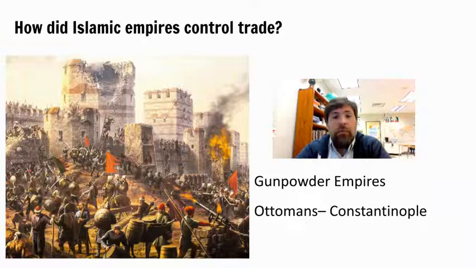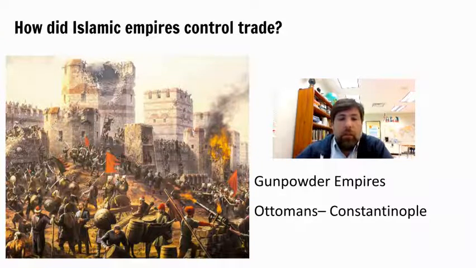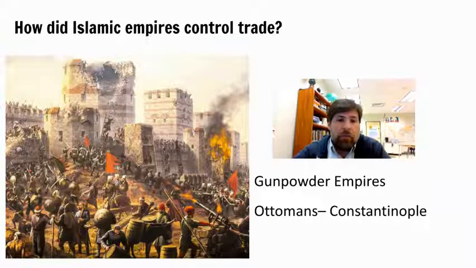Usually they would use their cannons and their rifles, and they also had swords too, to take over places that were really important for trade. So the Ottomans took over the city of Constantinople because Constantinople is a center for trade. And this is a painting of the fall of Constantinople. Constantinople had been a Christian city going back to the ancient Roman Empire.